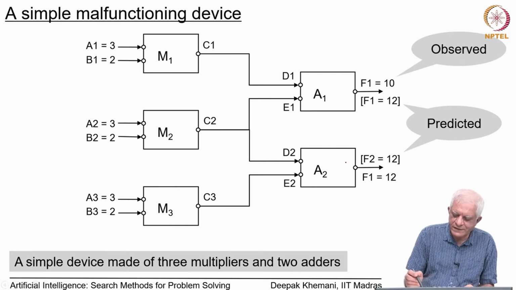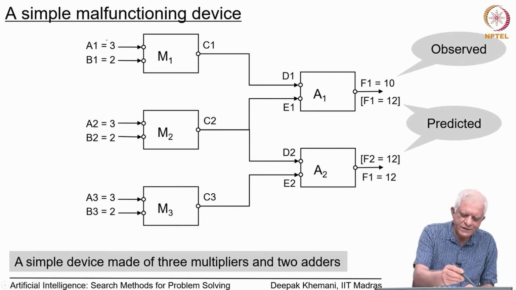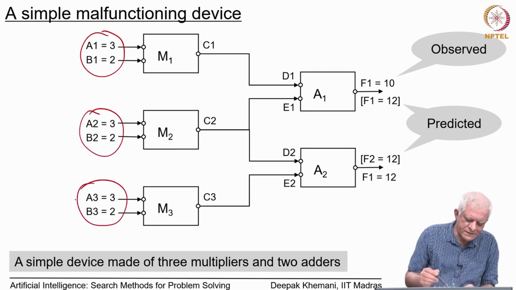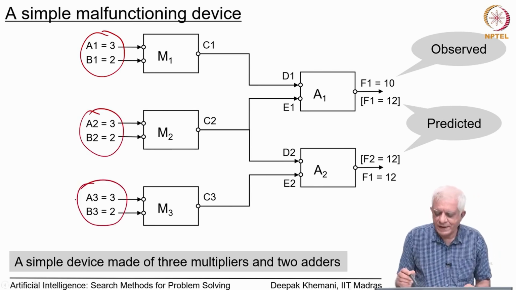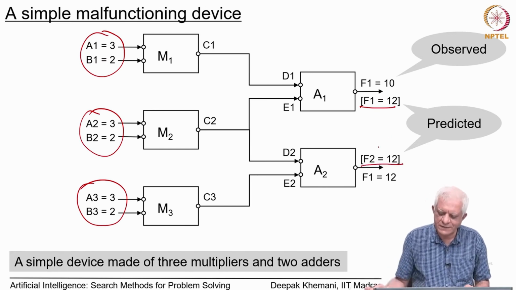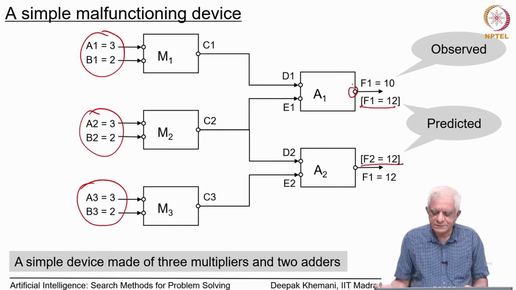And the interesting part is you have supplied the input, which are these values, and you expect a certain output, which is the predicted values, which is that you expect to see 12 and 12 at the 2 output terminals. These things are also called terminals.